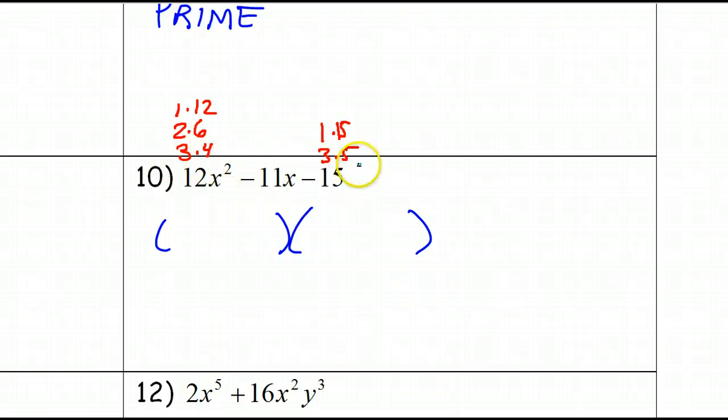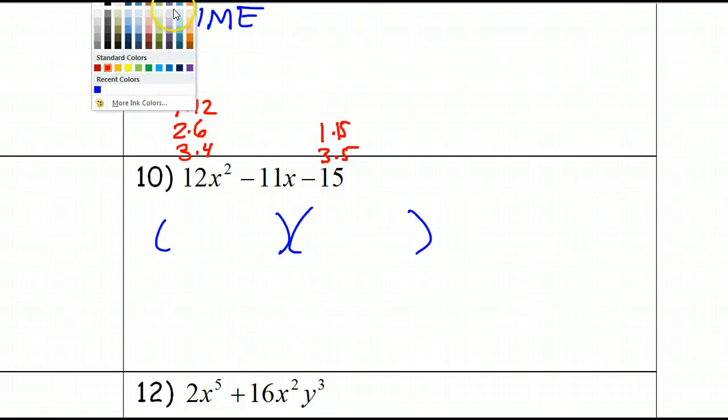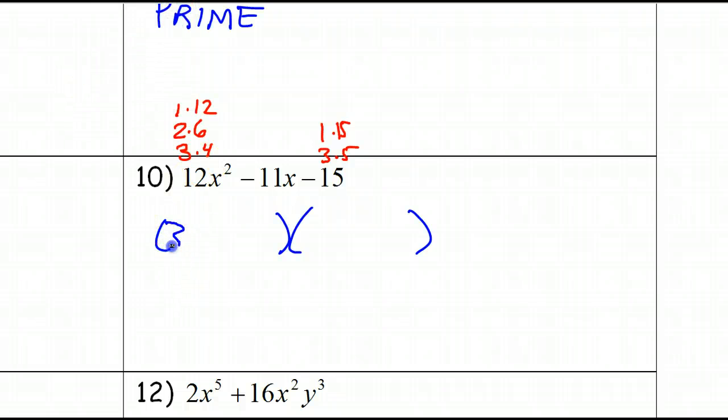I'm going to start with the bottom level, 3, 4, and 3, 5. Okay, so that would make 3x and 4x. Now again, when I try the 3, 5, I will not put the 3 here, because that would make a GCF, and that shouldn't happen. I will try 5, 3 though.